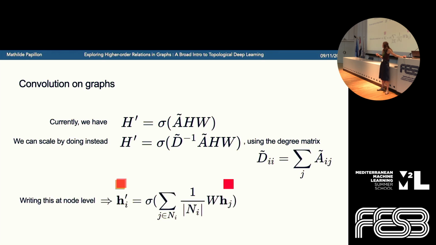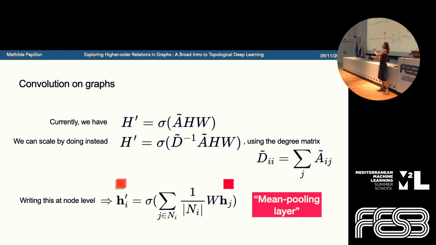And with that, we have our first graph convolutional layer. We call this the mean pooling layer. It's really strong for inductive biases. This is how you write it at the node level. So if you were to consider only one node, like the red node, that is the updated feature after one layer. There you have it.